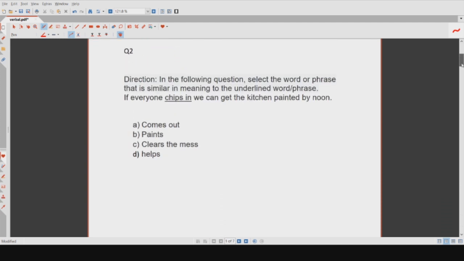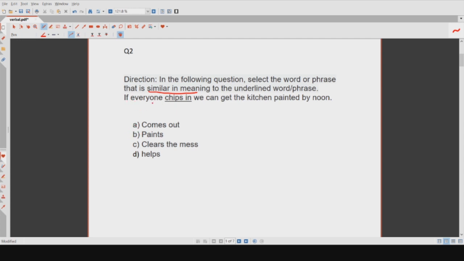Okay, so next question. This is the same type of question. So the direction to solve it is the same. That is, we have to look for a similar word or similar meaning for this word from the given options.